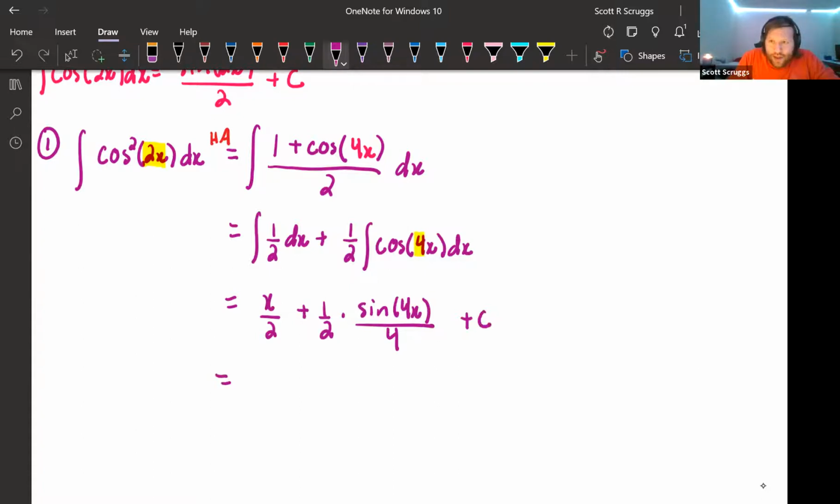Meaning that for the cosine squared of 2x integral, after evaluating, I'll get x over 2 plus sine of 4x divided by 8 plus c.